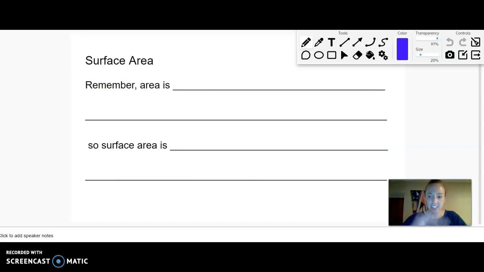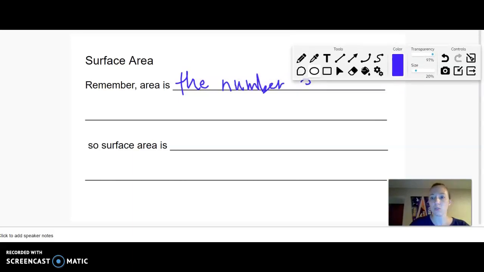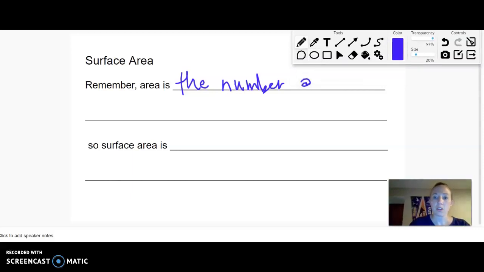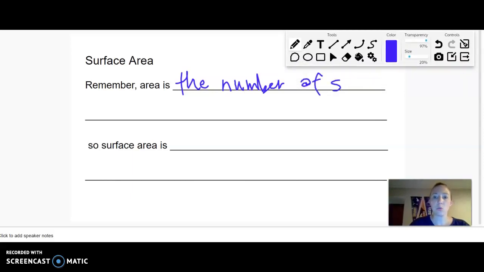All right, fifth graders. You can see me on this one because I want to show you something with surface area in a bit. But I just want to remind you of what area is. We talked about it, what was that, a month ago? So remember, the area is the number of squares it takes to cover a shape.